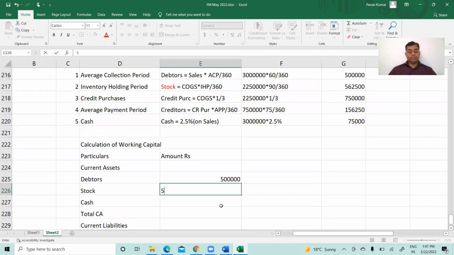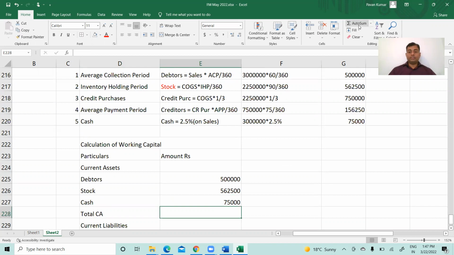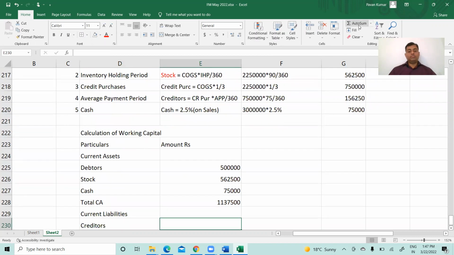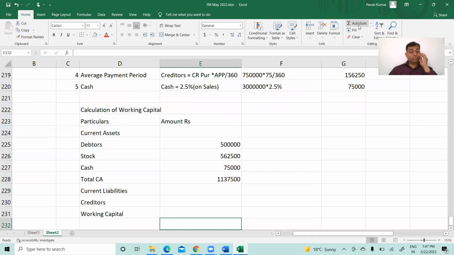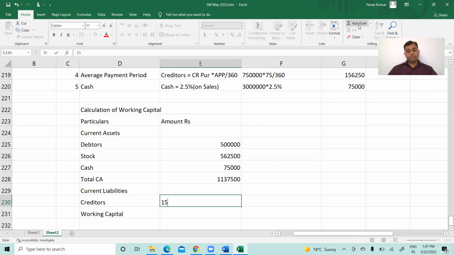Inventory 5,62,500. Cash 75,000. Total current assets 11,37,500. Creditors how much? 1,56,250. Yes, that is from credit purchases. Yes, sir. Creditors is 1,56,250.